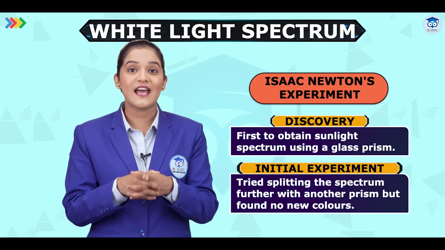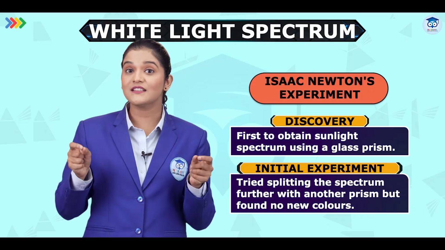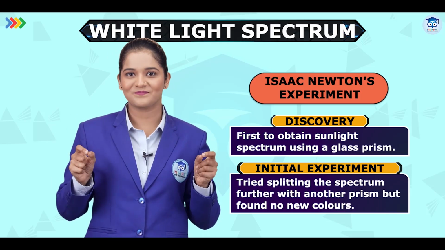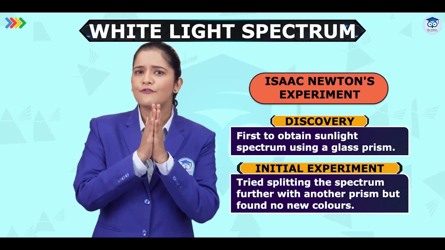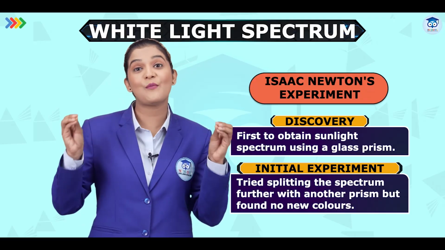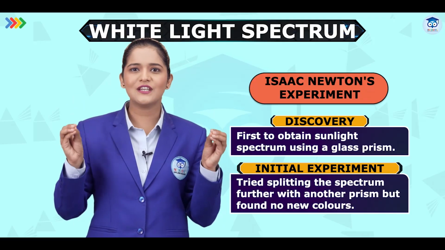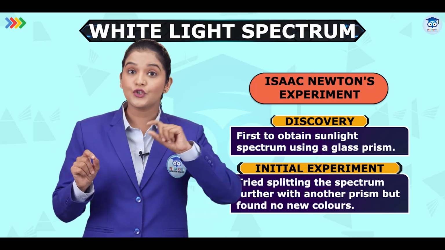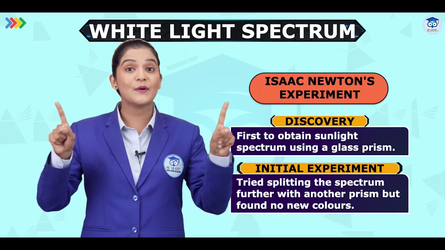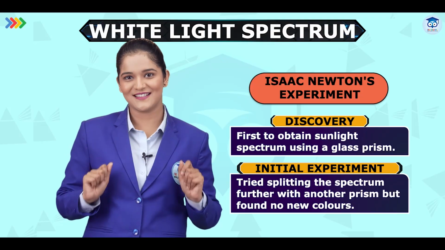Let us now understand the famous experiment conducted by Sir Isaac Newton on the white light spectrum. Newton was the first to demonstrate that sunlight is made up of a spectrum of colors. He achieved this by passing sunlight through a glass prism, which caused the white light to disperse into its component colors.